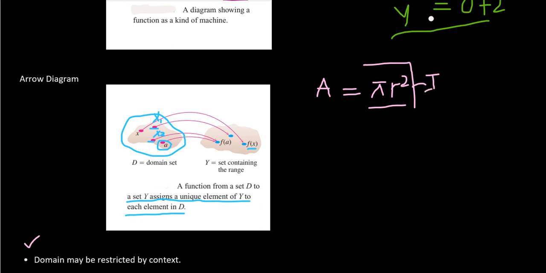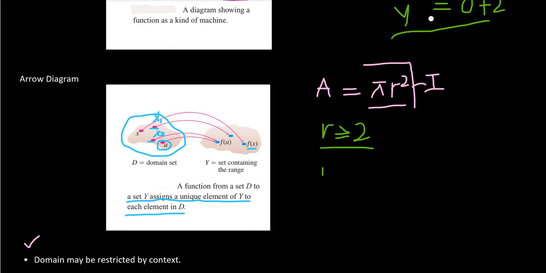Okay, now we will move to the restricted or unrestricted context of a domain. Suppose I say that r must be equal to or greater than 2. In this way, our domain is restricted.